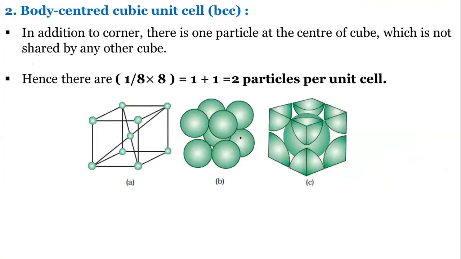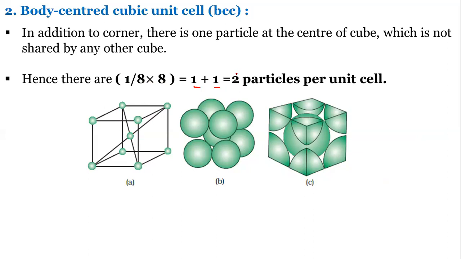Then I am coming to the body-centered cubic unit cell. As you know, at the center of the body there is 1 particle, and there are 8 particles at the corners. So 1/8 into 8 is equal to 1 particle, plus 1 particle at the center of the body.